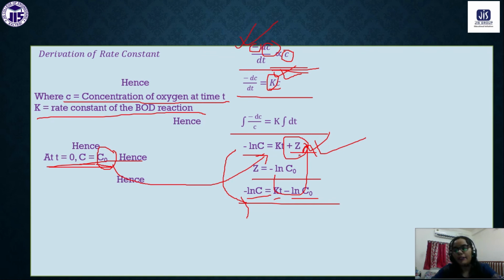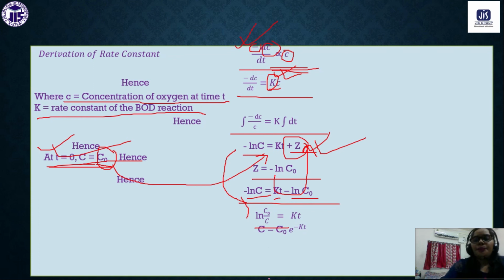That is the z value that we got by putting in these conditions. Understand? So what will be the next step? Here we have ln C, and here we also have ln C0. So we can do one thing: ln C0 by C equals kt. Very easy.